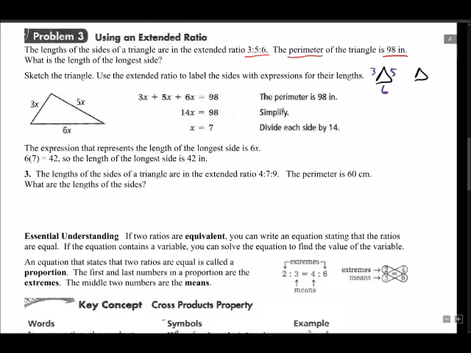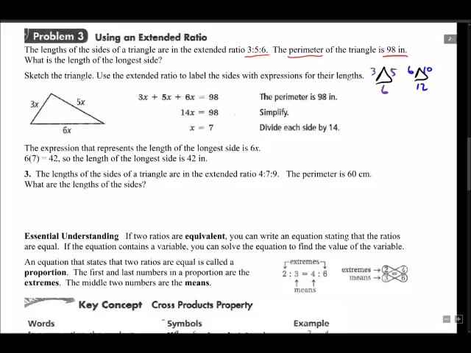So we could do it again, and we could multiply by 2, and we would get 6, 10, and 12. We could multiply by 3, by 10, right? But that's the hard way to do it. We know that we have a multiplier that we multiply all of those, our ratio, by. So we get 3x, 5x, and 6x.